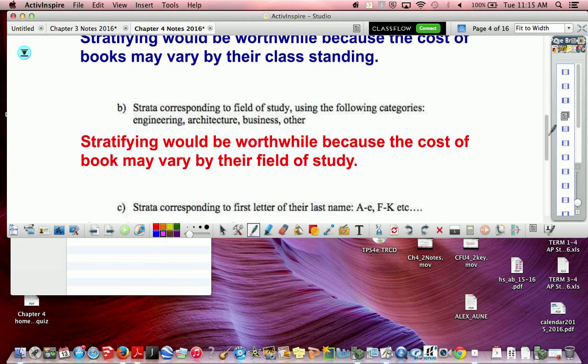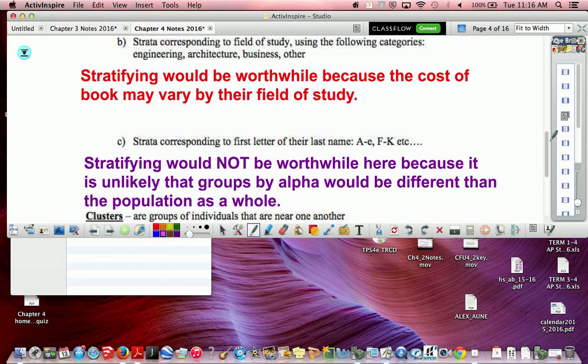This probably is not going to be a good thing to stratify by, because letters A through E are probably going to be similar to what the whole population would give you. So doing this type of stratification would probably gain you no additional information. Okay?